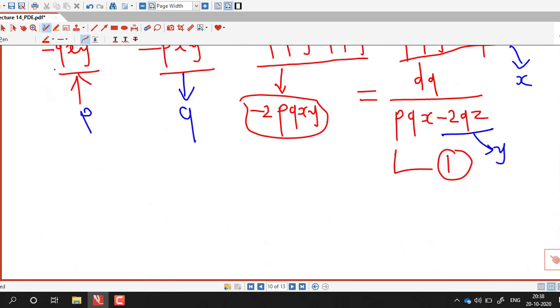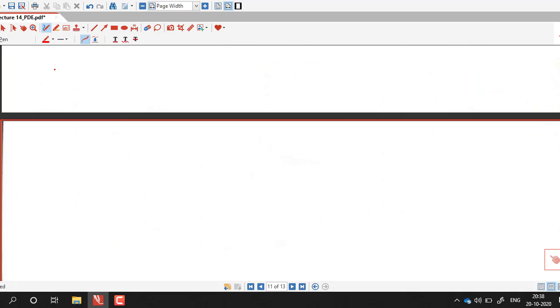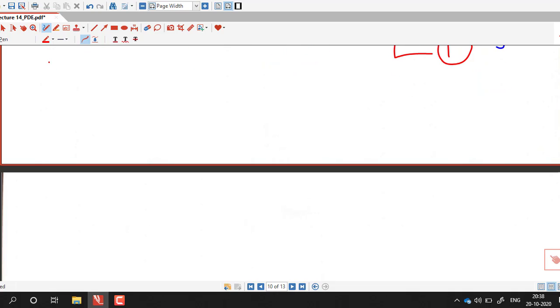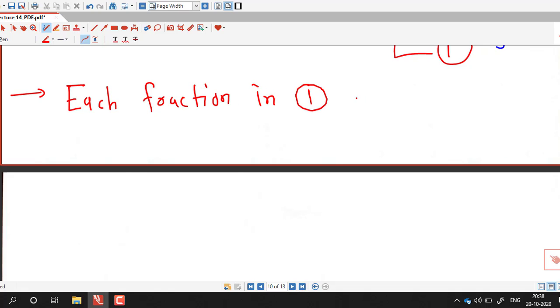In this way we can write directly each fraction in 1 equals 2.